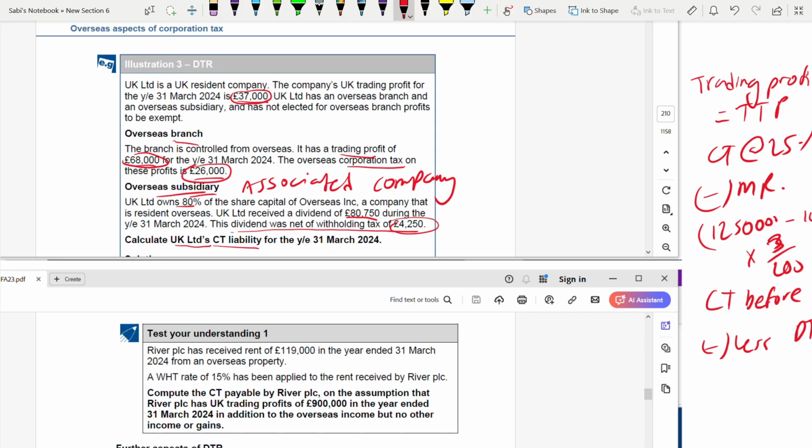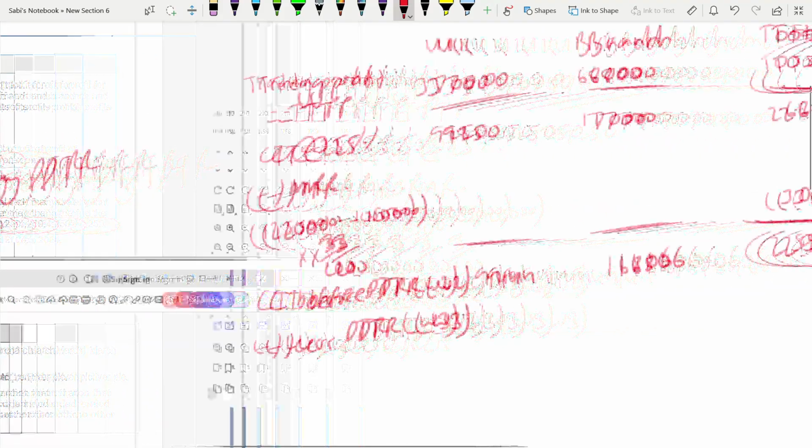That double tax treaty is for this corporation tax, please understand, not for withholding tax suffered for dividend received. The DTR is only for corporation tax suffered overseas that we give.